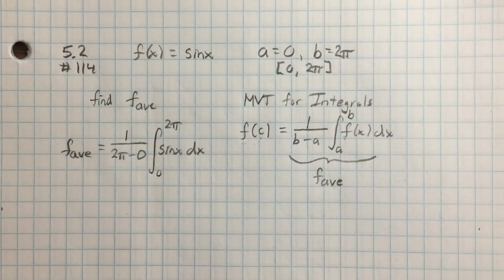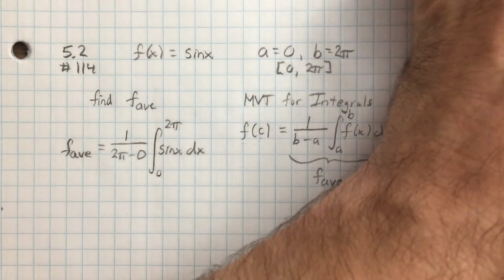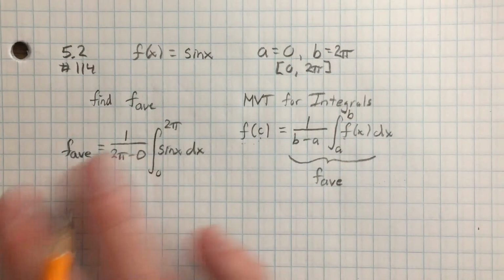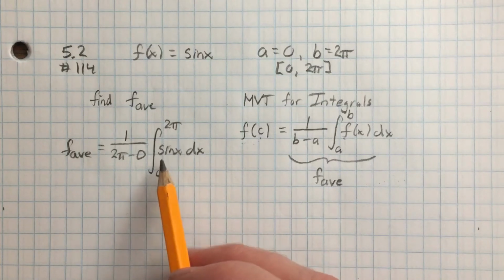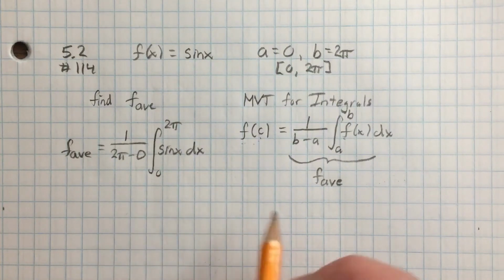Now, there's two ways to look at this problem. One is, even though this is happening in section 5.2, and we don't have a lot of rules in 5.2 yet, nevertheless, we have gone through other sections, so therefore we could calculate this directly, and that's what I'm going to do right now. And then I'll show another idea about how to go about it, even if we didn't know how to do this directly.